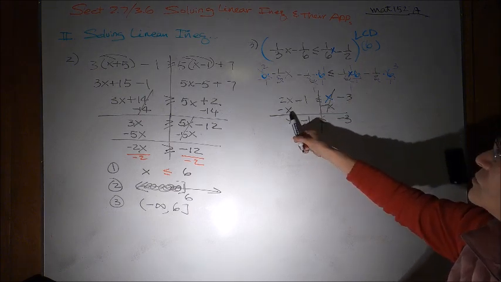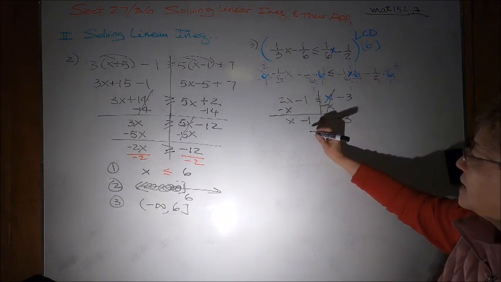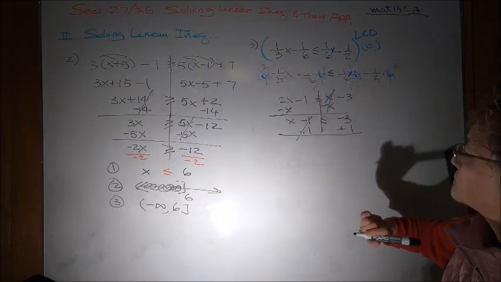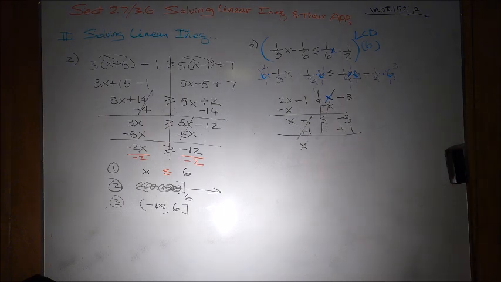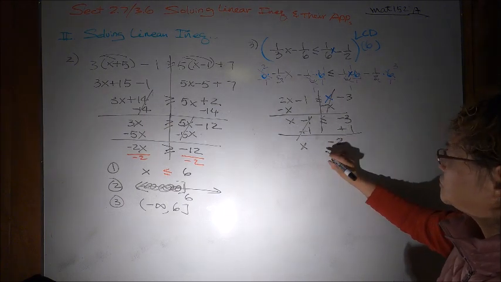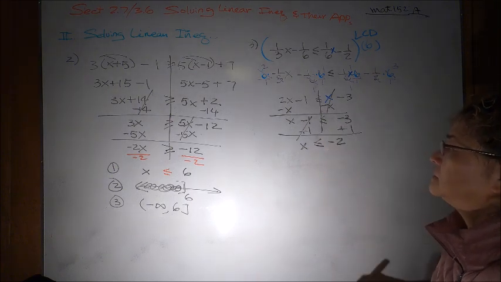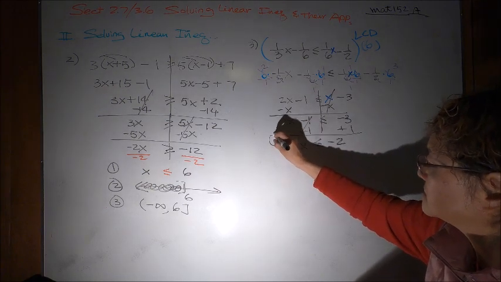Not really, because we are minus things, not dividing or multiplying by a negative number, right? So your plus 1, so that will be x. Negative 3 plus 1 will be what? Negative 2. Should we change the direction of the sign? No, really. So that would be your first answer, right?